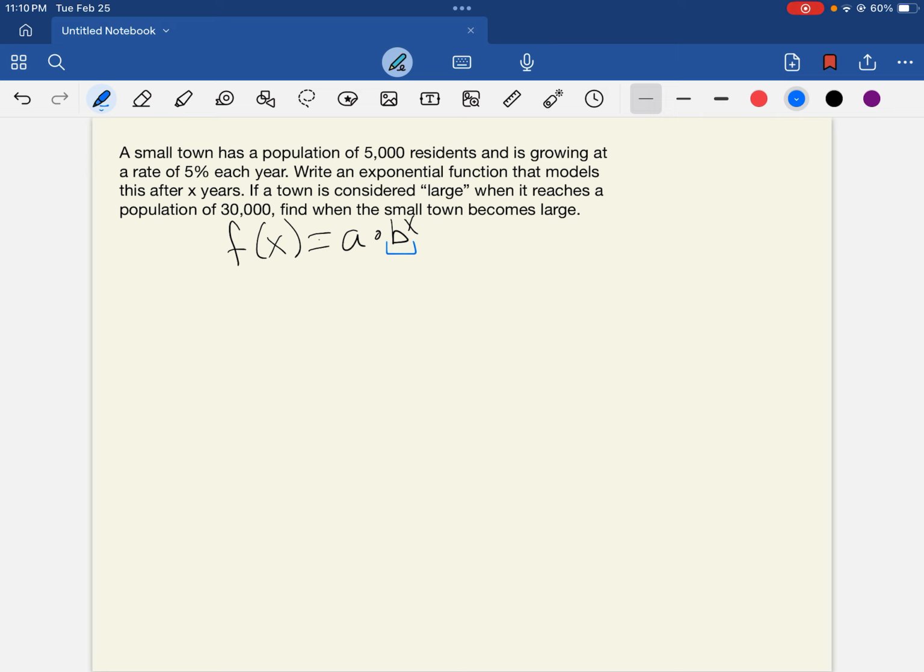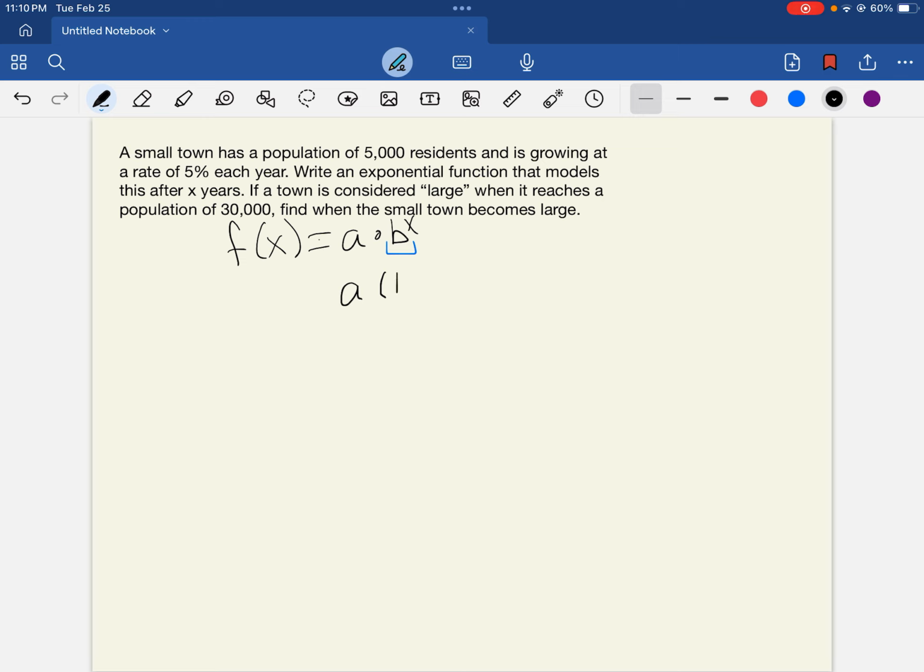So what we've noticed is that when this change is happening, it's not a whole number, it's a percent. So instead of writing it as a times b to the x, we're going to keep a, but we're going to rewrite b.